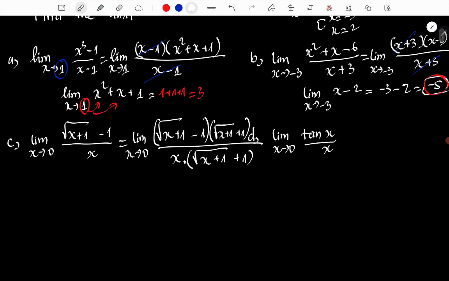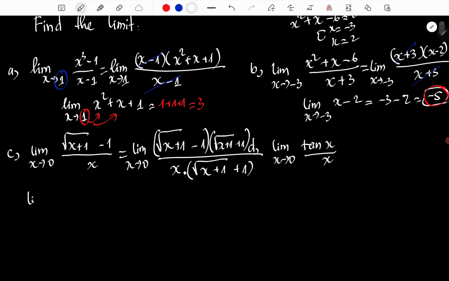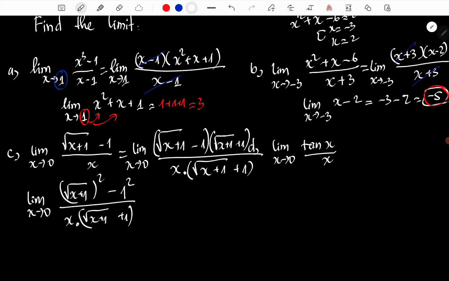Alright, so here the limit as x goes to 0, we're going to have square root of x plus 1 squared minus 1 squared, divided by x times square root of x plus 1 plus 1, like this. So the limit as x goes to 0, and then the numerator we can see is x plus 1 minus 1, over x times square root of x plus 1 plus 1.